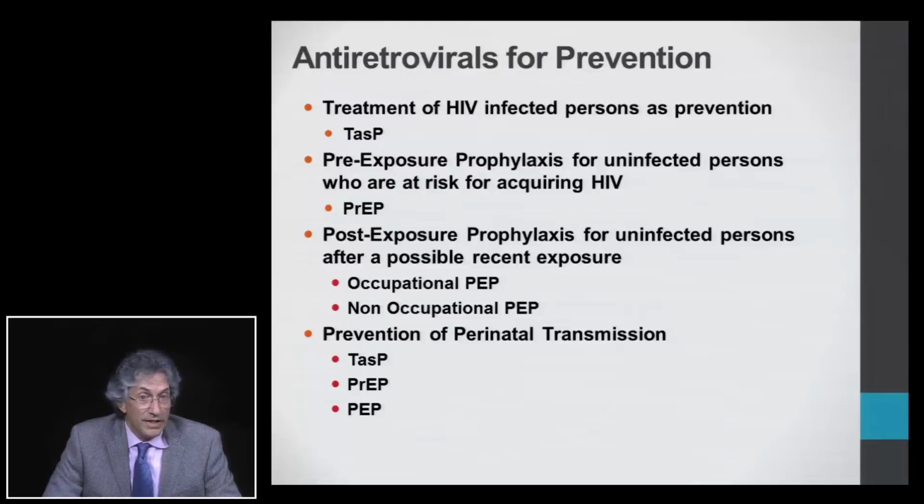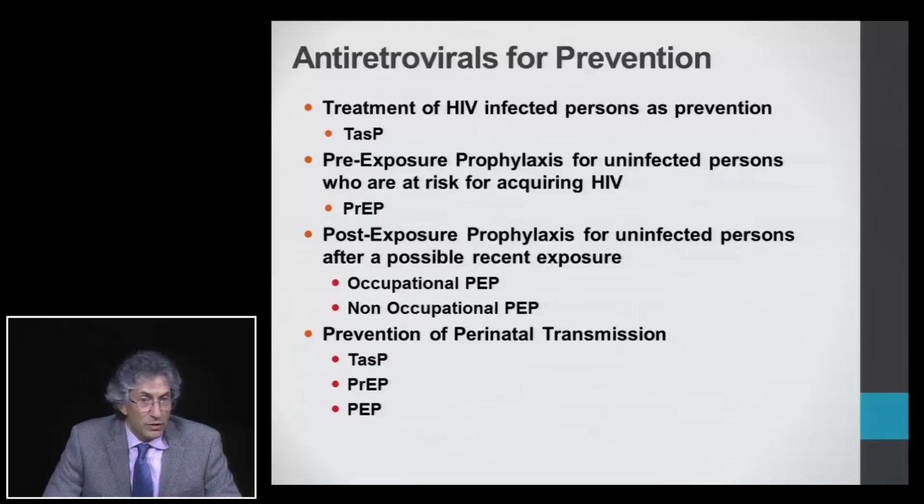This idea started years ago with protecting healthcare workers after a needle stick exposure from an HIV-infected patient, and is now expanded to include non-occupational exposures, including sexual assault and other circumstances. And finally, use of antiretroviral therapy is extremely effective in preventing transmission from mothers to their infants by preventing perinatal transmission.